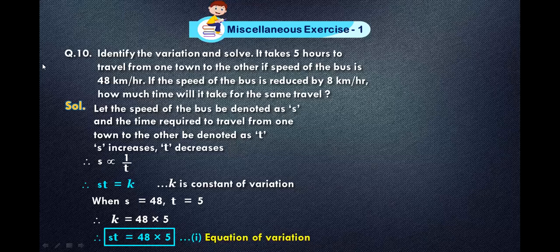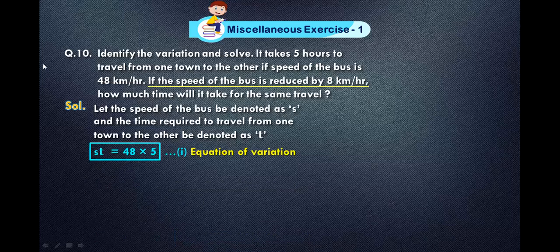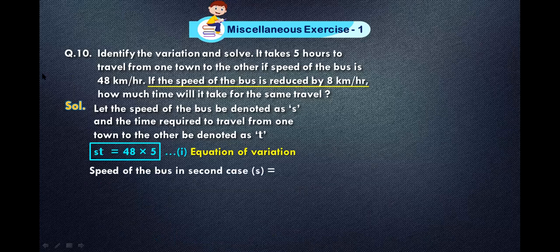Now students, the question was saying if the speed of the bus is reduced by 8 kilometers per hour. So in this case, the speed is reduced by 8 kilometers per hour. So let us take a look at the initial speed. Starting में speed कितना था? 48.